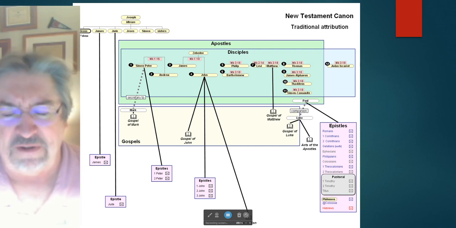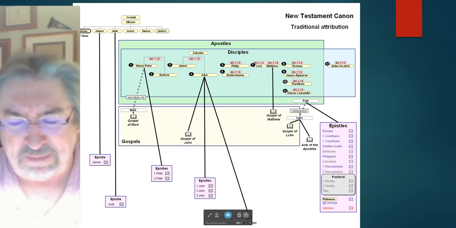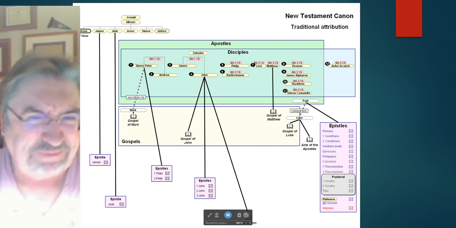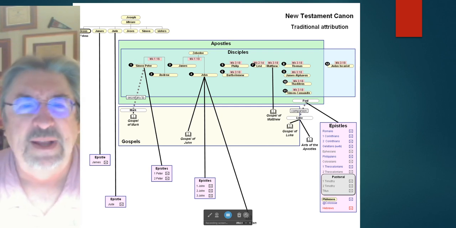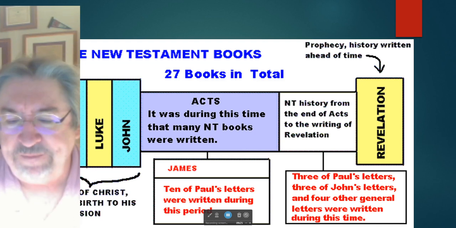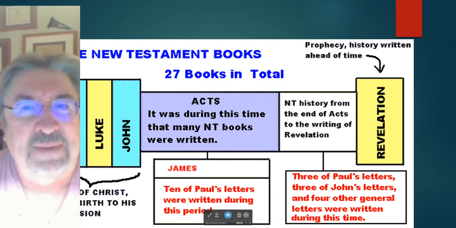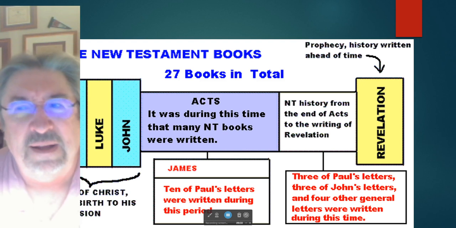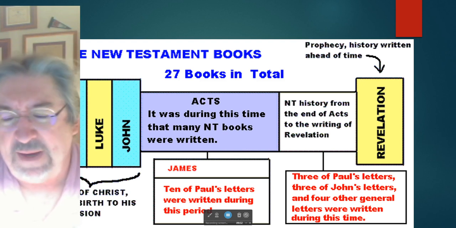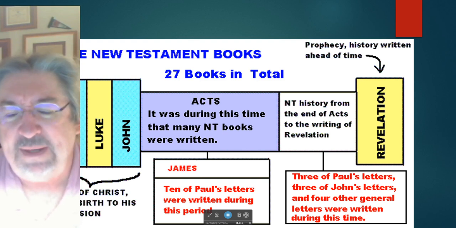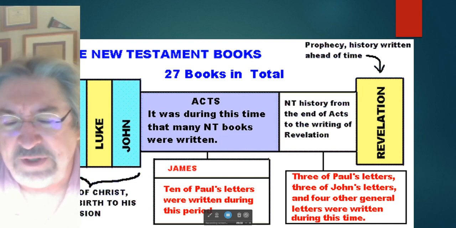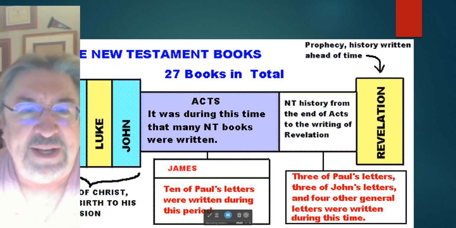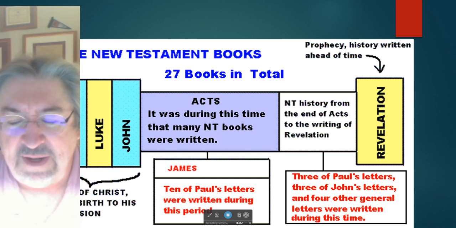Conservative scholars tend to date all of the books of the New Testament before 70 AD, but that's still disputed. Okay. But in almost all Christian traditions, the New Testament consists of these 27 books.